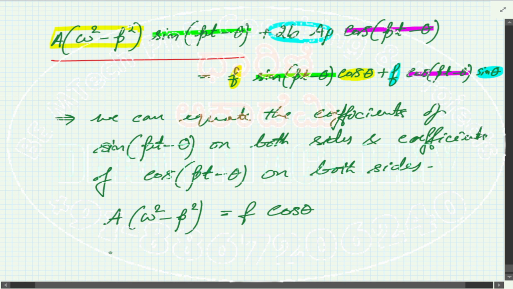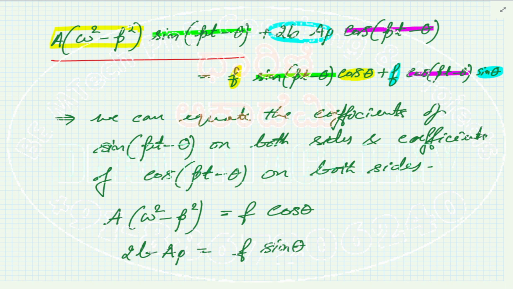And we have the second term: 2b into ap is equal to f into sine of the angle theta.